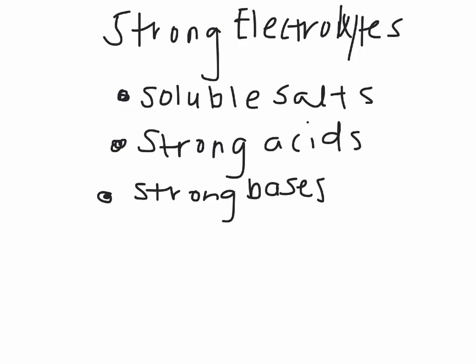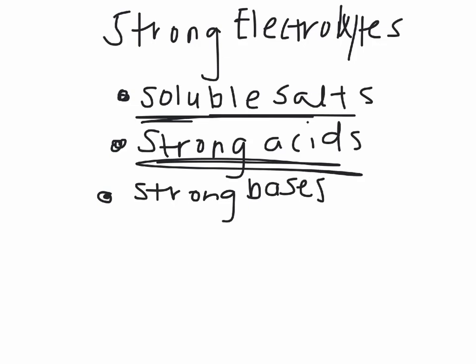So soluble salts, we'll talk about this in class. Soluble salts work through the solubility rules, which you will have to memorize a few of them, not all of them, but the soluble salts will abide by those rules for us in class. Strong acids, there's 7 I'm going to be making you memorize eventually.